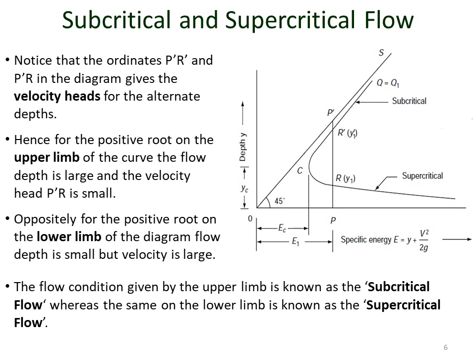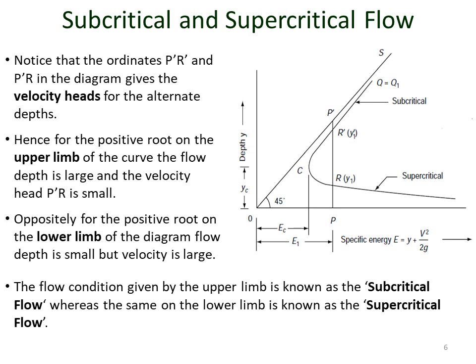Whereas, just oppositely, for the flow condition represented by the lower limb of the cubic parabola, you can see that the flow depth is small. The flow depth is given by capital P, capital R, whereas the velocity is represented by P prime R. So the velocity is high, whereas the flow depth is small.